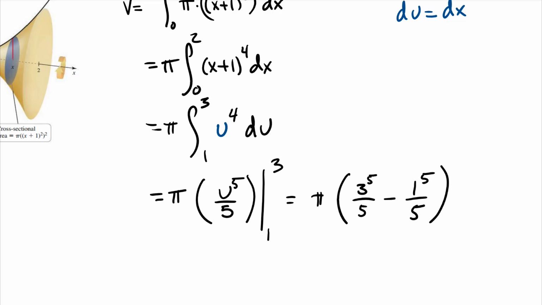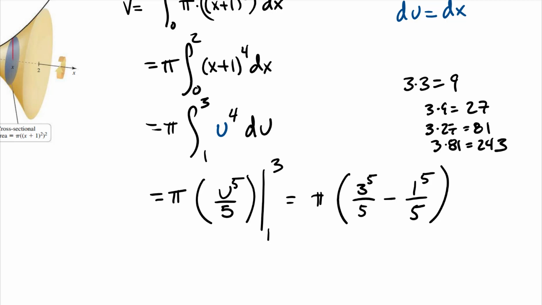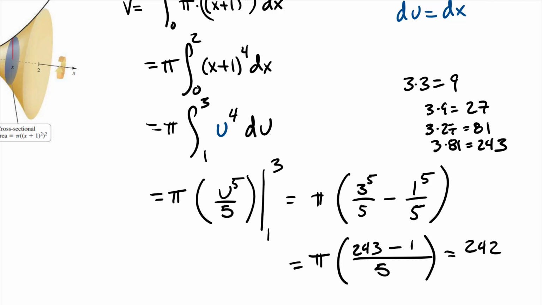And what's 3 to the 5th? 3 times 3 is 9, 3 times 9 is 27, 3 times 27 is 81, that's the 4th power, and then 3 times 81 is 243. So we have pi times 243 over 5 minus 1 over 5, which gives us 242 pi over 5.